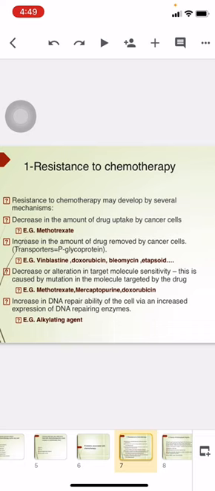The effect of chemotherapy on the normal cells is called toxicity, while the effect on the malignant cells is the therapeutic effect.